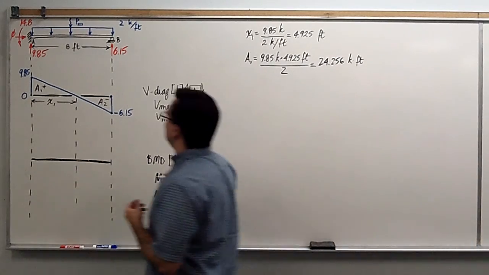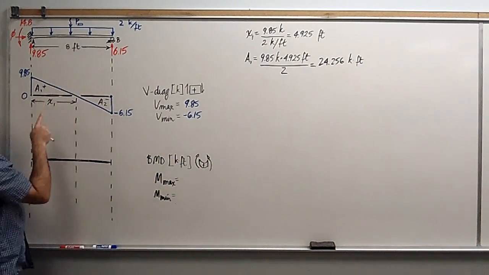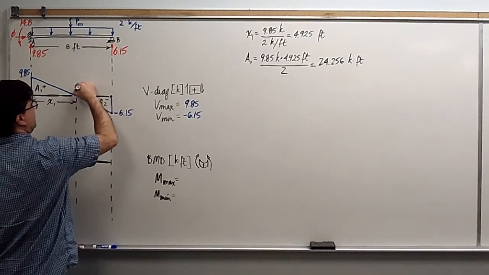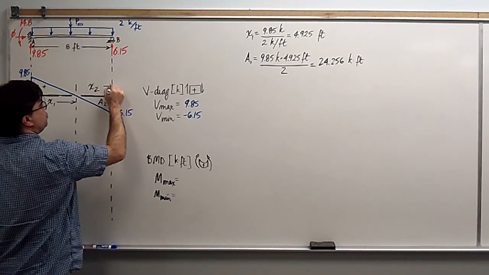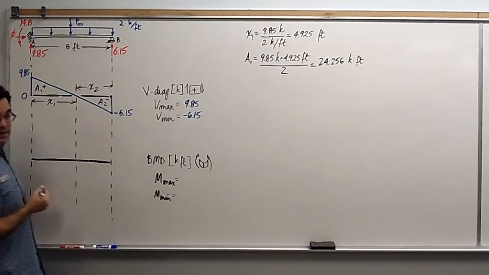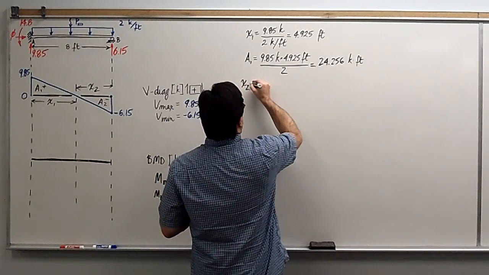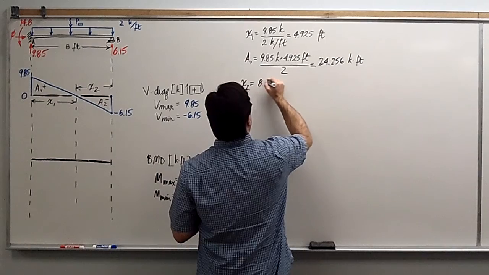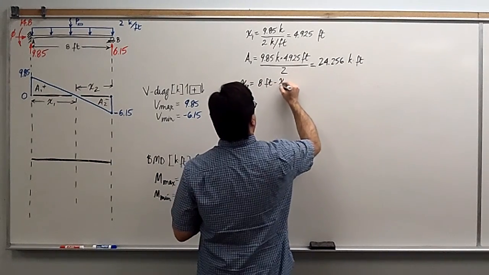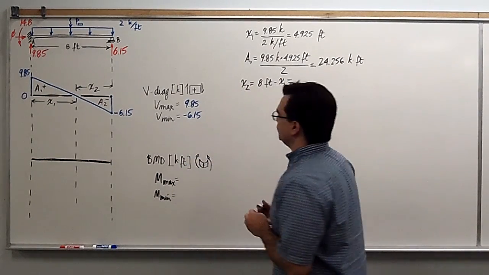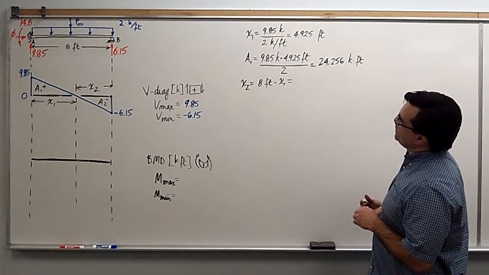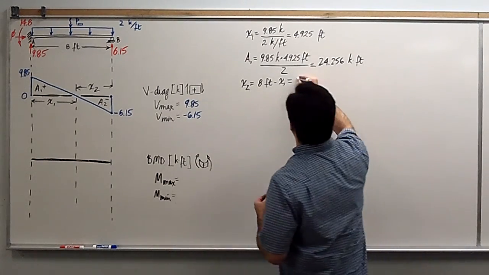Now, if we know this is 8 feet, and we have x1, are we able to find what the value of x2 is? Certainly. It's the difference between the two. So that comes out to be 3.175.